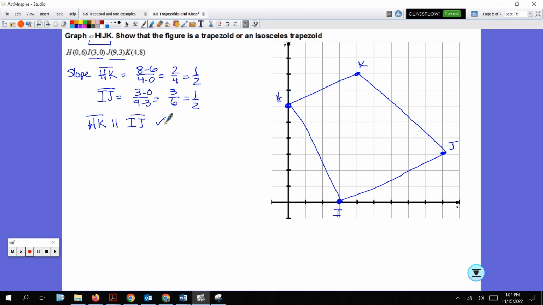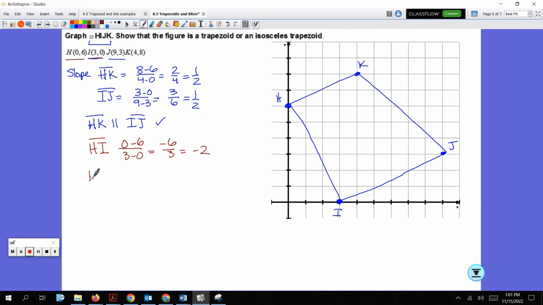I have to quickly check the other two sides because I don't know. What if they're parallel to each other? I know it doesn't look like it, but what if they are? All right, so HI: 0 minus 6 over 3 minus 0, which is negative 6 over 3, which is negative 2.